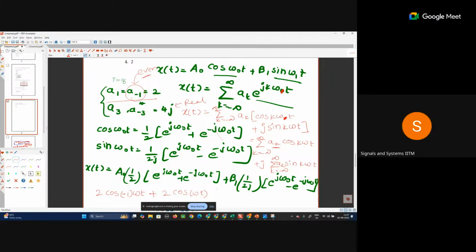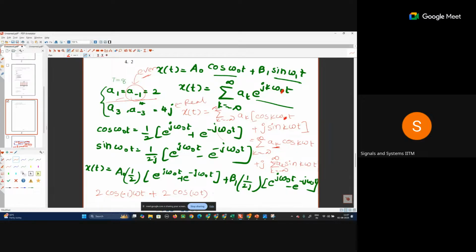So we have to do it in this way. We are considering here k is equal to 1 and k is minus 1. When k is minus 1, it is 2, and I have used the minus 1 over here.